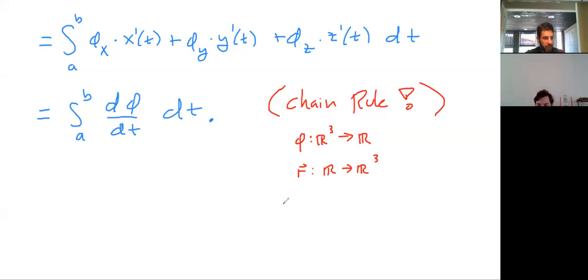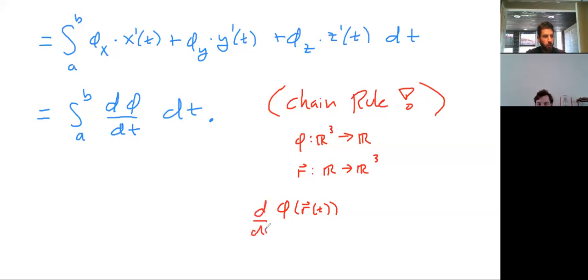So what is phi evaluated at r of t? Because that's really what we're doing up here. Well, what does r do? r takes a number and associates it with three numbers, and then phi takes those three numbers and associates them back with a new number. So what is the derivative of this with respect to t?